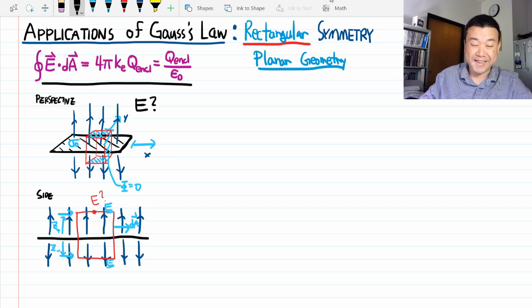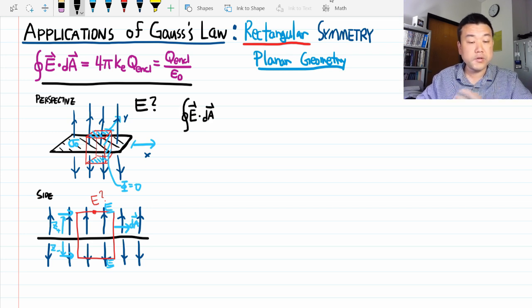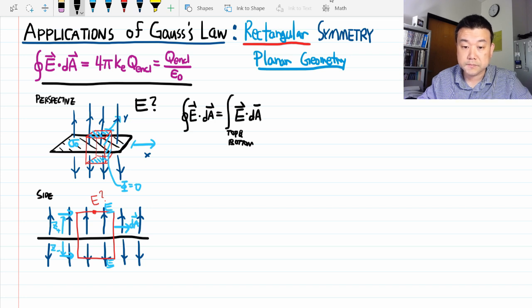With all those symmetries pointed out, let's go through the same motions as before. We were pretending that we are going to do the left-hand side integral of Gauss's law. Through the symmetry argument we made, we could reduce this down to essentially the integral over the top and bottom surfaces of the Gaussian surface. The side surfaces give 0 contribution to the flux.